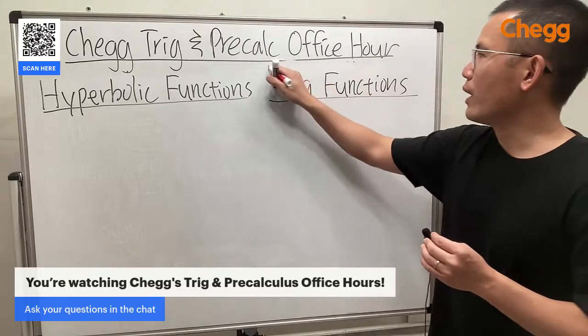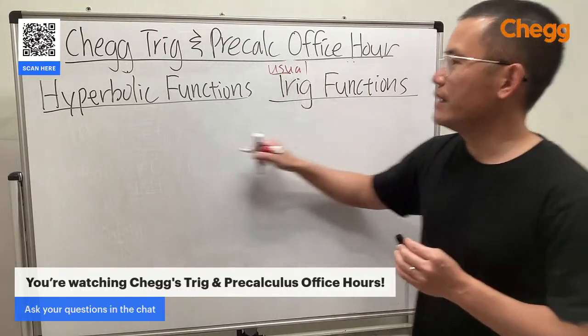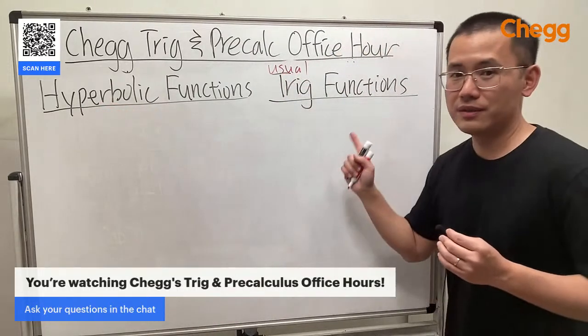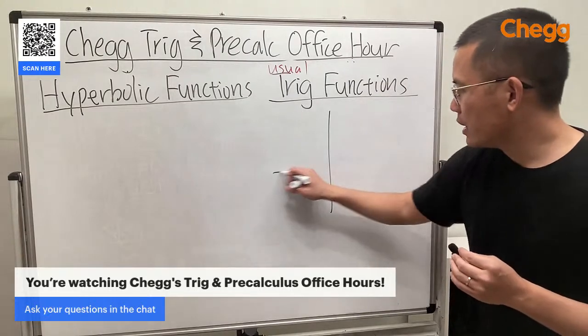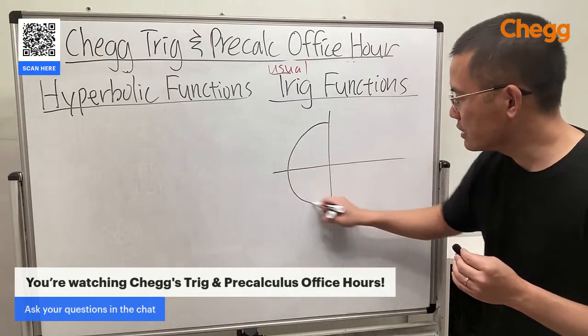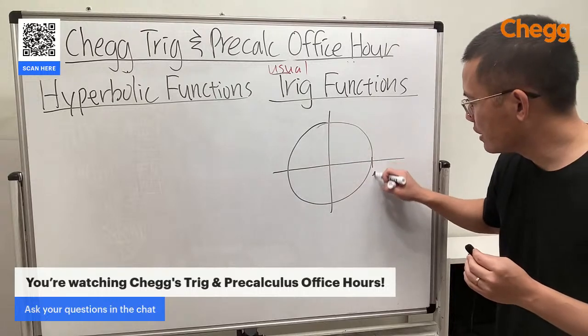So this is the usual one, and this is the hyperbolic one. Let's talk about this first. You can look at the trig functions on the unit circle. Here is 1.